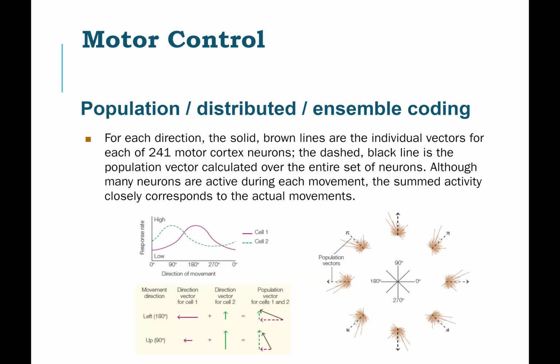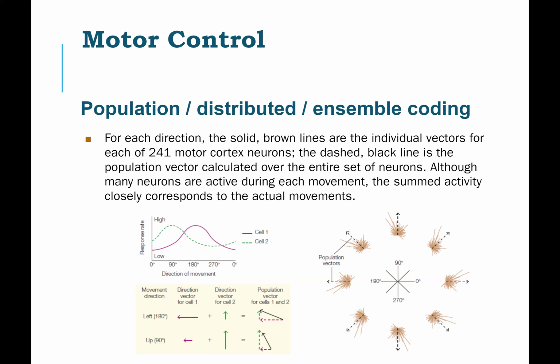Now, knowing that cells are coding for the direction of movement, you would think that we would be able to decode, and I'll unpack what that means, decode what the intention of movement is. Right? So if you try to move in a certain direction, I could look at the activity.